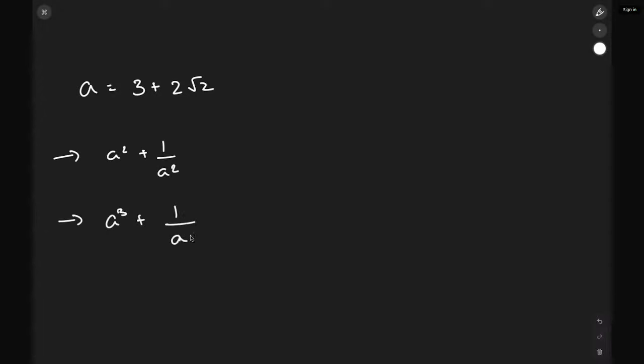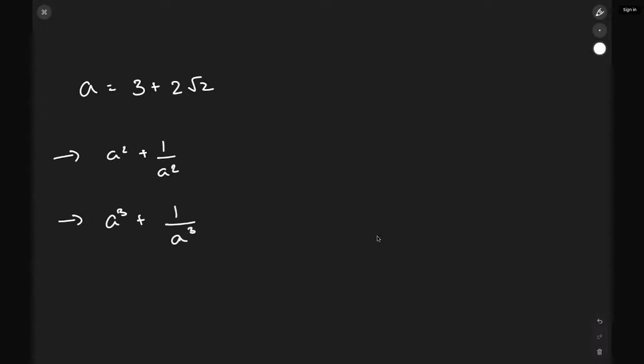Alright, so next up: if a is equal to 3 plus 2 under root 2, then we have to find the value of a square plus 1 upon a square, and a cube plus 1 upon a cube.